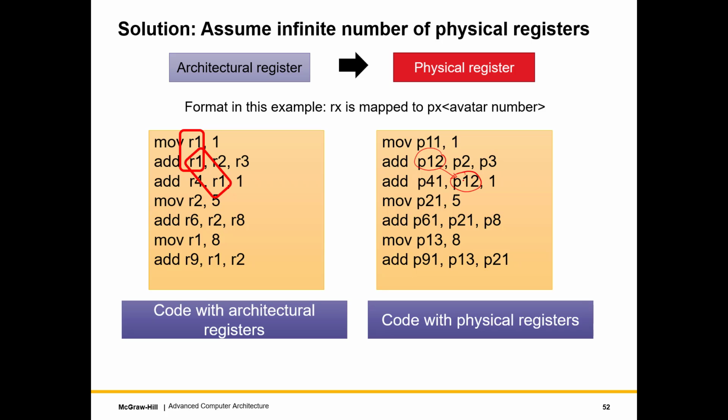They are mapped to registers of the same avatar. Again, another read after write is clearly visible, and another read after write is clearly visible, but nothing else is visible. So there are no other dependencies. We did draw your attention to a write after write problem, but as you can see, it's not over here.